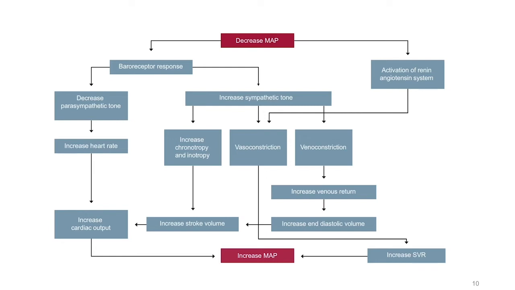Via various mechanisms, such as arterial and venous vasoconstriction, activation of the renin-angiotensin system, and an increased heart rate and stroke volume, causing an increase in both cardiac output and systemic vascular resistance, this leads to an increase in mean arterial pressure, attempting to keep it within the range that allows for organ autoregulation.